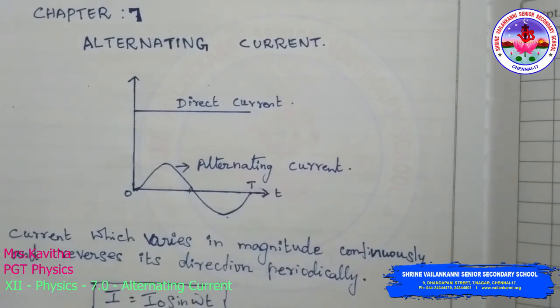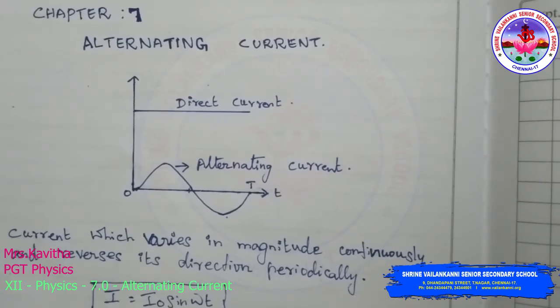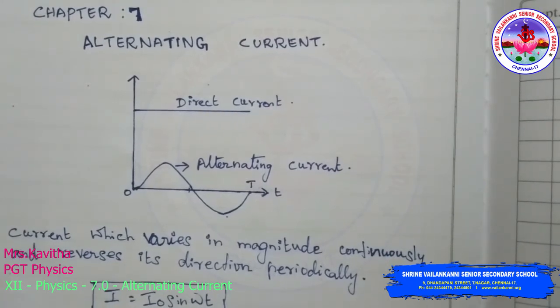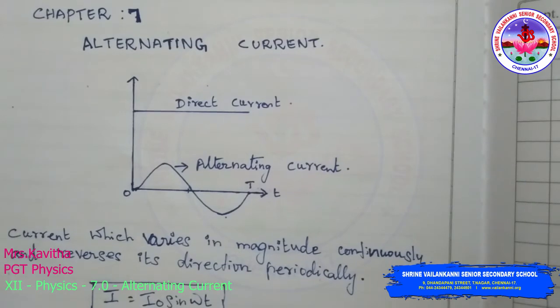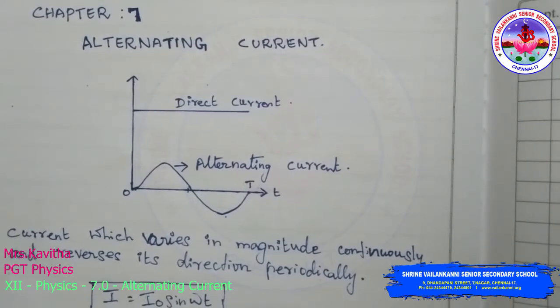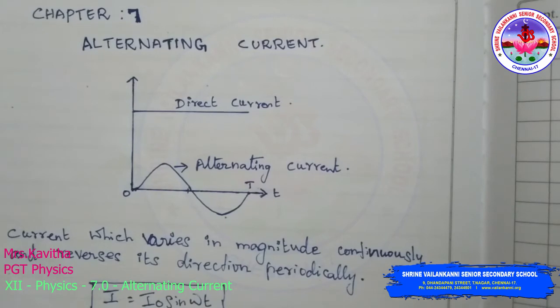Such a voltage is called alternating voltage, and the current driven by it in a circuit is called alternating current. Today most of the electrical devices we use require AC voltage. This is mainly because most of the electrical energy sold by power companies is transmitted and distributed as alternating current only.